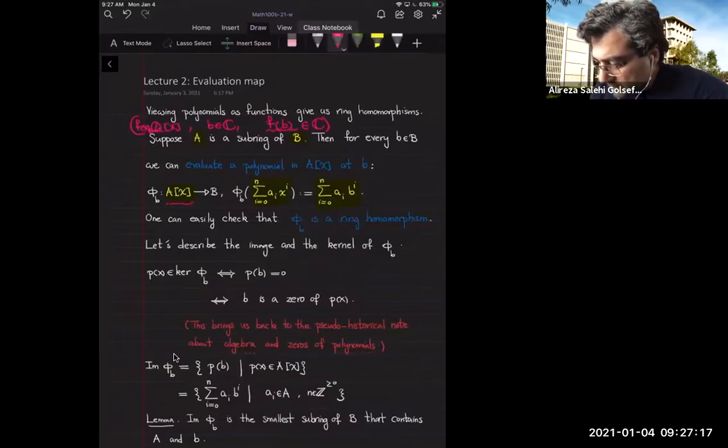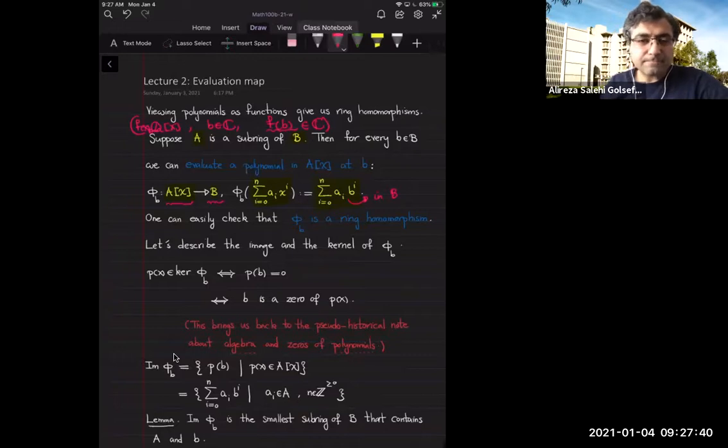On the other side, what I'm going to get is an element inside the ring B. So here, this multiplication is happening in the ring B. But what is easy, and I'm not going to do it, I encourage you to do it on your own, is that because of the way we have defined multiplication of polynomials, under the condition that B is a commutative ring, we can easily see that this evaluation map is a ring homomorphism.